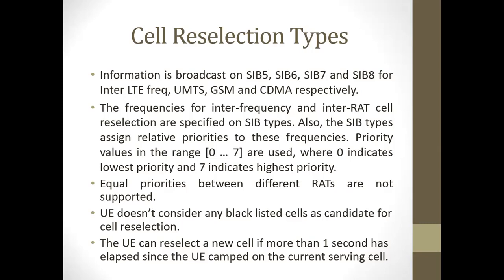So you may be on an LTE cell, but if your LTE signal strength has become very poor and the 3G cell strength has become strong, then it's possible that you switch.